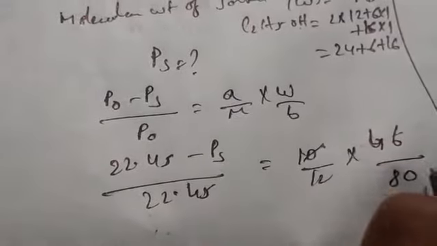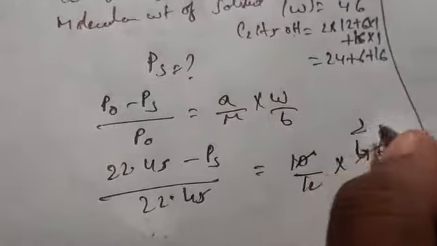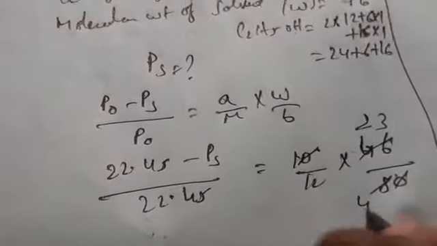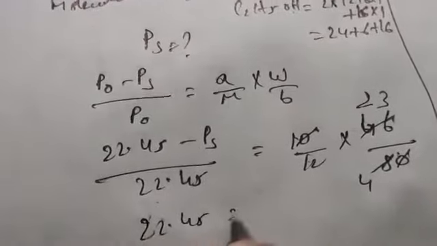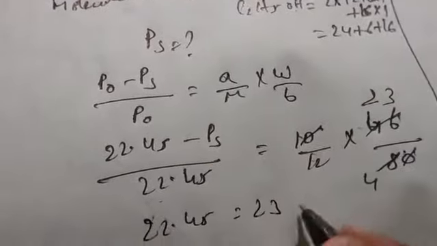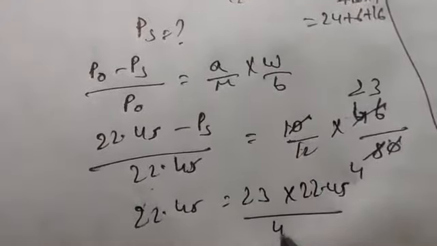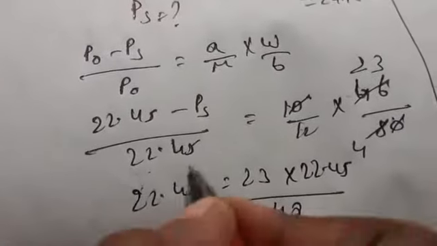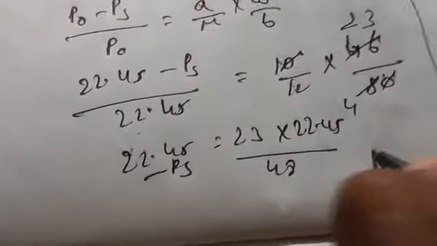Let us see, 0 0 cancel. Now 2 2s are 4, 2 3s are 6, 2 4s are 8. Means 22.45 is equal to 23. If it goes this side, 23 into 22.45 by 12 4s are 48, minus PS now. So how much are you getting for this value?